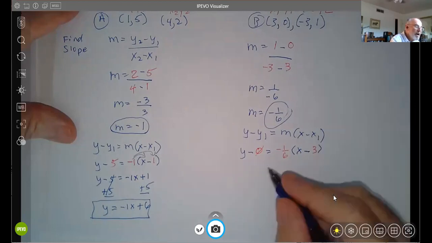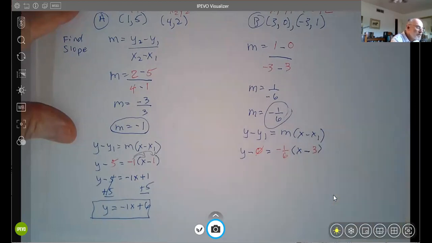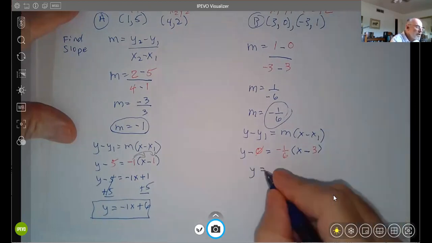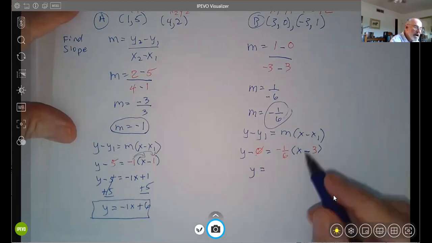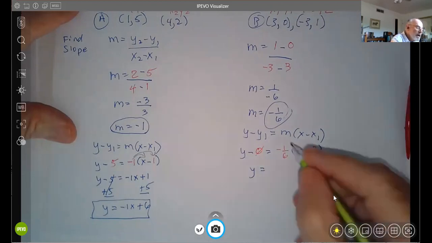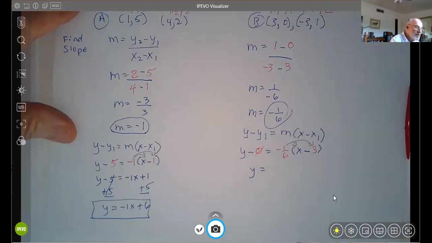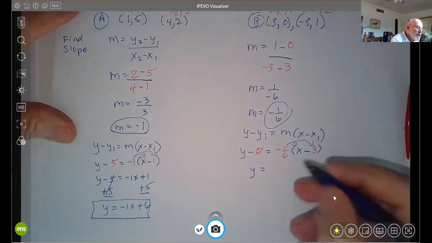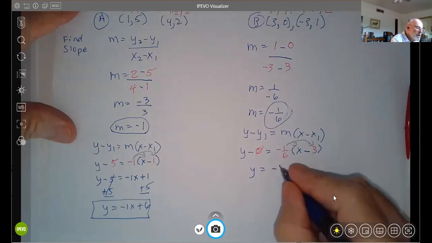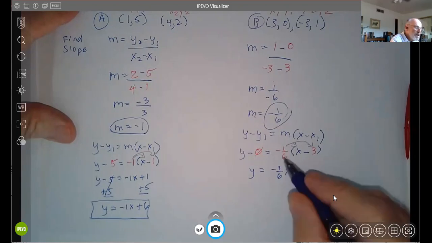Okay, so here we have y minus 0, and so y minus 0 is just y. So this is going to settle into the slope-intercept form really fast. Over here, again, we multiply the negative 1/6 to the x and to the negative 3, distributing. So negative 1/6x, and then this is a negative times a negative, so it becomes positive.